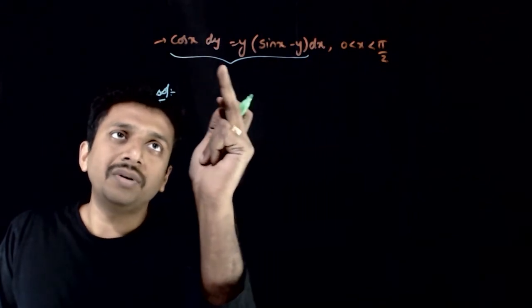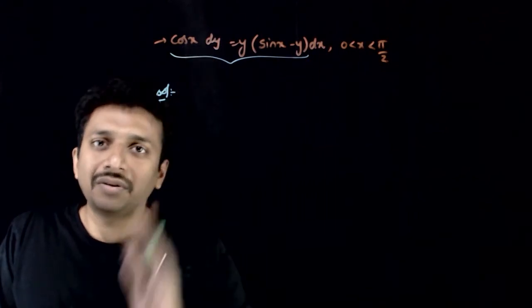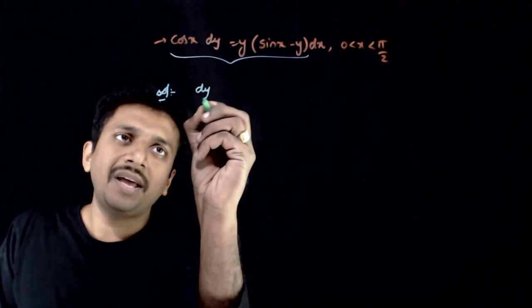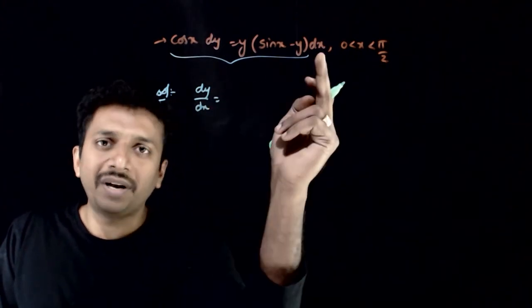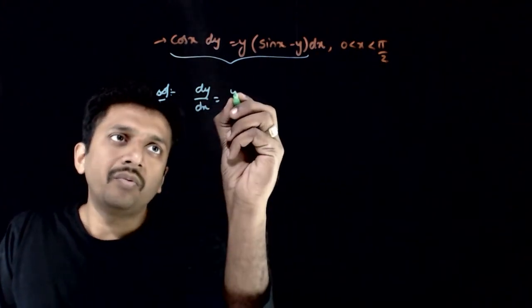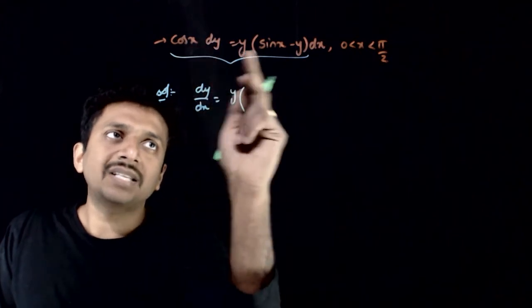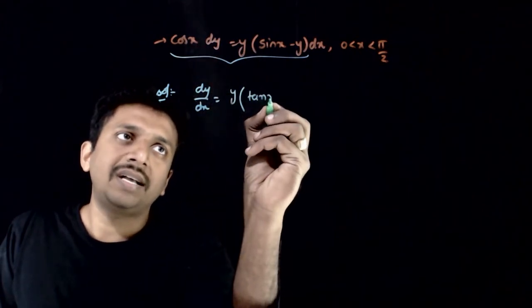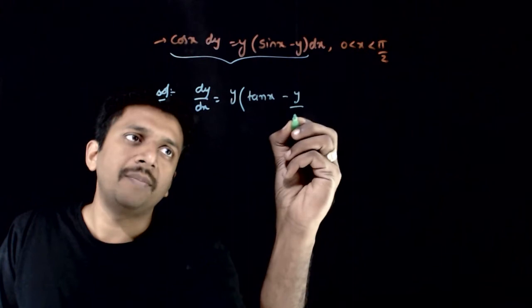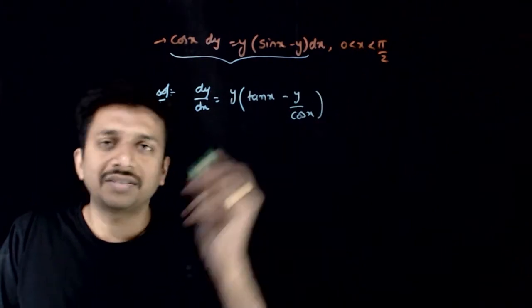First, I'll take this cos x onto this side. So I have dy by dx is equal to, if I bring dx onto this side, y times sin x by cos x, which is tan x, minus y by cos x.